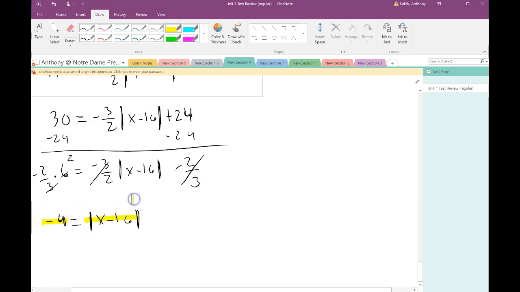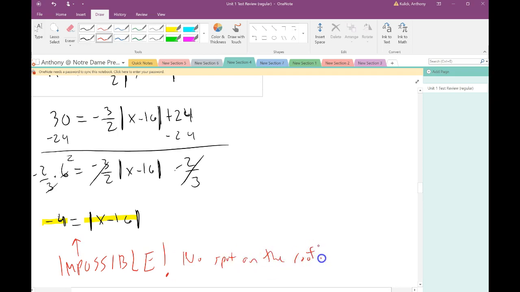Negative equals an absolute value. Can that happen? That's an impossible situation, right? You can't have an absolute value give you a negative. So that tells me there's no spot on the roof where we can do this.